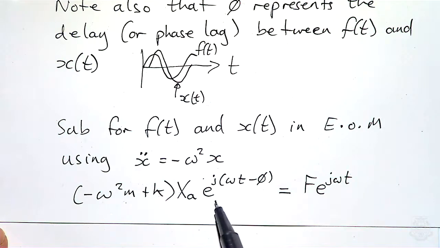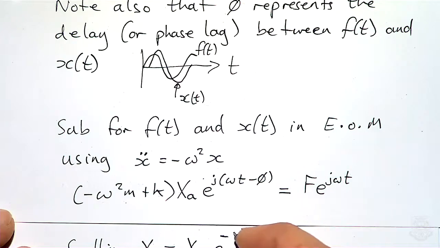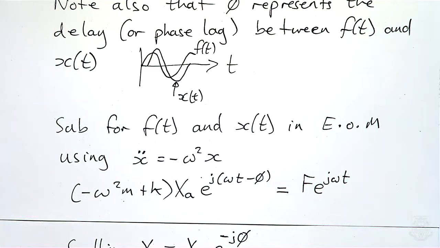Okay, so we can divide this exponential up into the multiple of e to the j omega t times e to the minus j phi, can't we? Okay, and what we're going to do is define a new variable, or let's say set capital X equal to x_A e to the minus j phi. Okay, we can take the e to the minus j phi into this sort of new kind of constant called X, if you like.